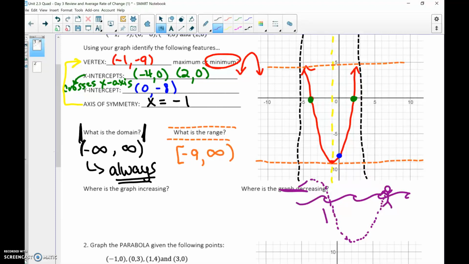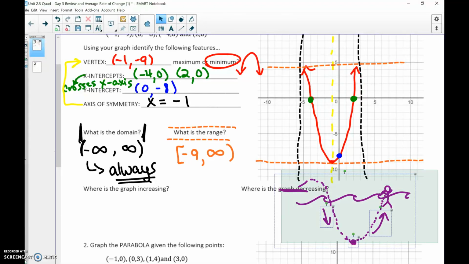So this section is decreasing. After this point right here, which is really our vertex, he starts to go back up to the surface again, which is an increase in the graph. So even though in my picture I've got arrows going up both ways, if I truly read it the way it's supposed to be, and I go this way, from here it's going down, and then it starts increasing afterwards. So keep that in mind as we are writing our increase, decrease stuff.